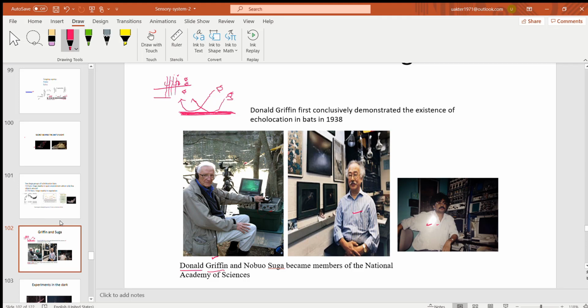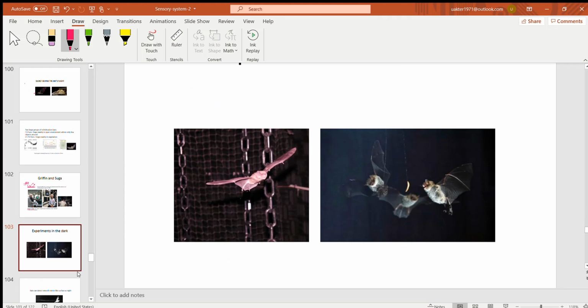Professor Griffin mostly performed the experiments, and those were behavioral experiments. However, Professor Suga mostly used neurophysiology to find the processing of echolocation in the brain, in the neurons. So we also know, in Suga's lab, we tested mealworm.